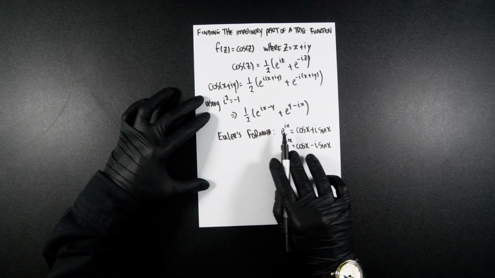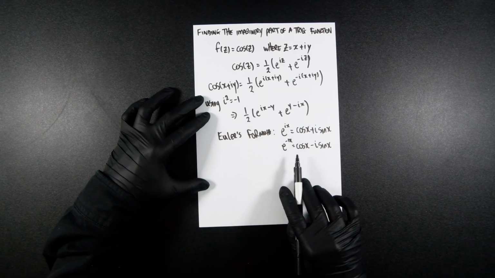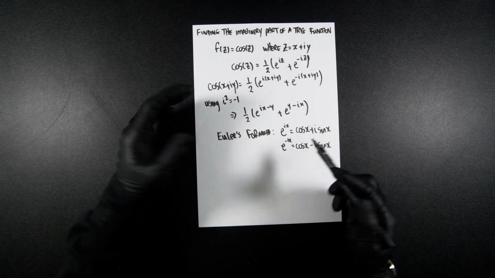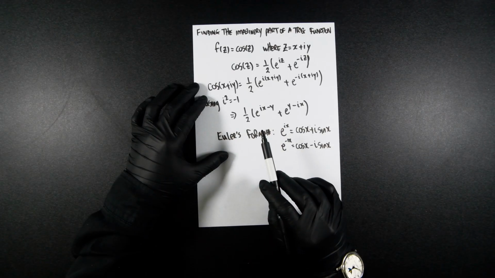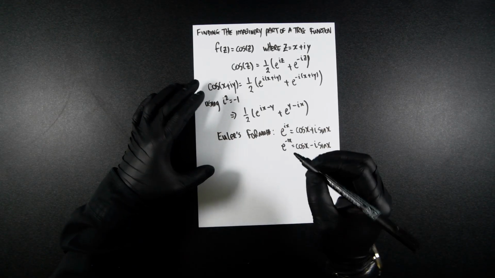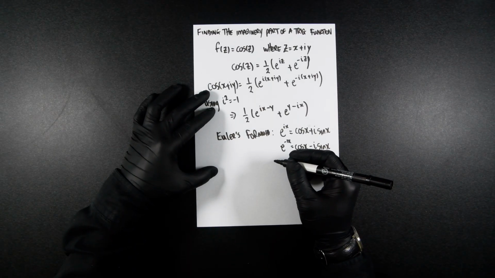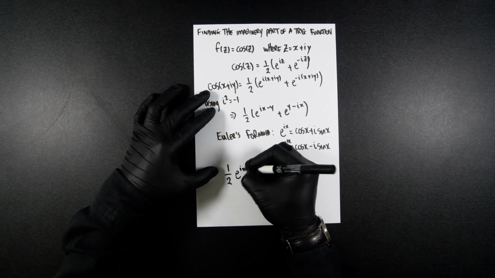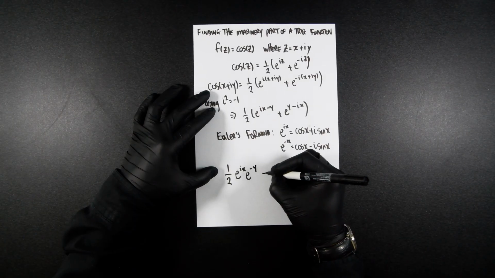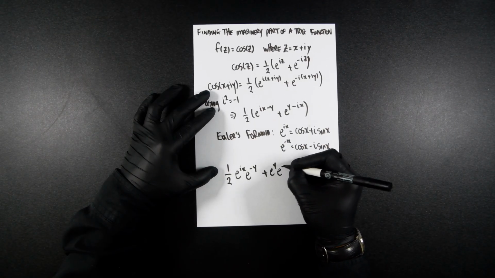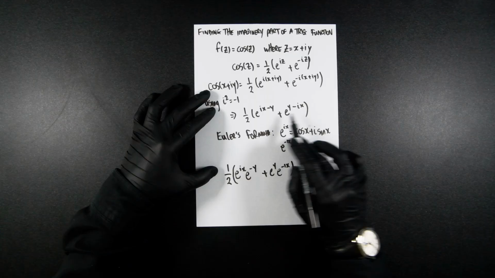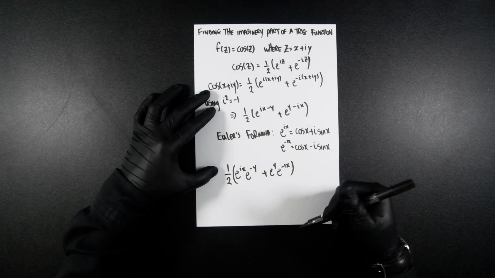We're a bit stuck because we have these minus y terms in the way. But by remembering our rules of indices, this can be rewritten as half e to the minus y e to the ix plus e to the y e to the minus ix. That is exactly the same, and now we can easily break this down.